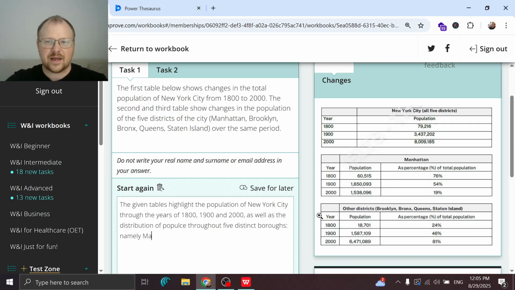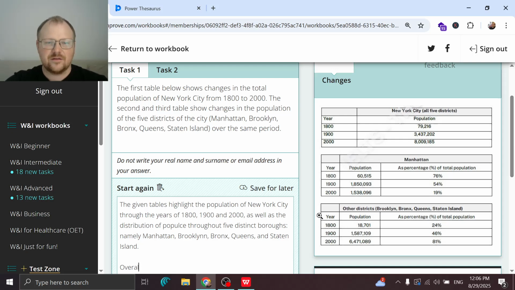Namely Manhattan, Brooklyn, Bronx. Typically it's called the Bronx, so I'm surprised they didn't put it that way. And Staten Island. Be mindful of your capitalization with proper nouns and common nouns.